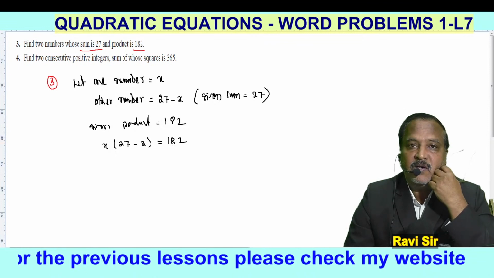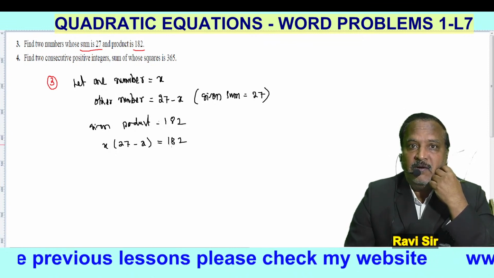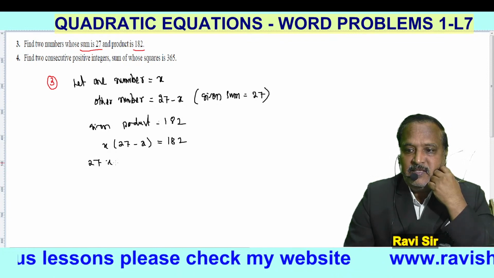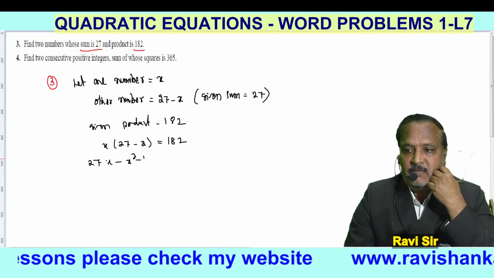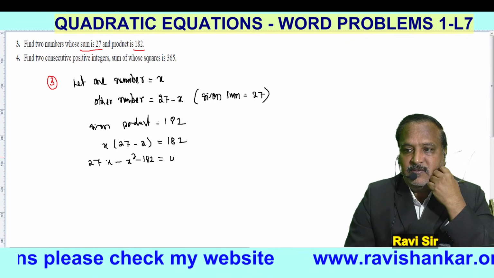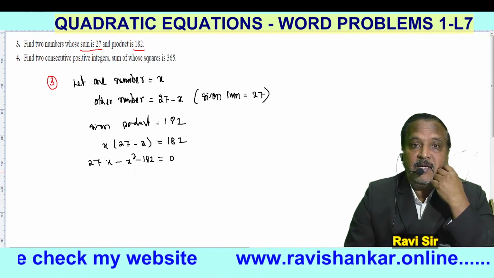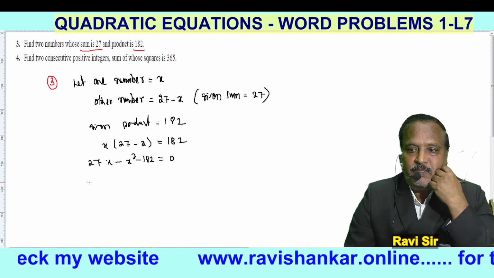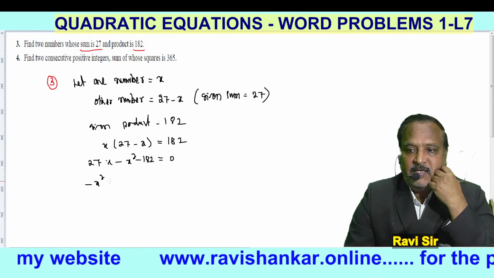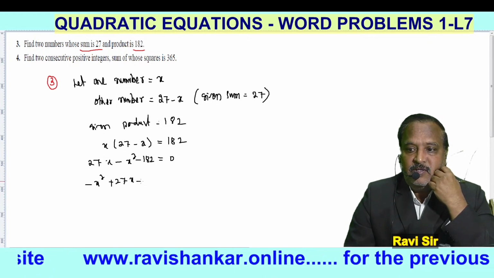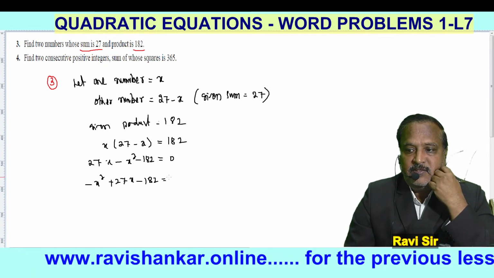Brackets are there, not in the standard form. You have to bring it in the standard form. So 27x minus x square minus 182 is equal to 0. Still it is not in the standard form because x square should be first. So minus x square plus 27x, I am rearranging the terms, minus 182 is equal to 0.